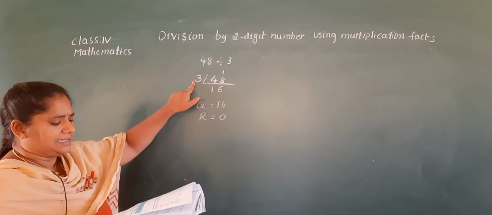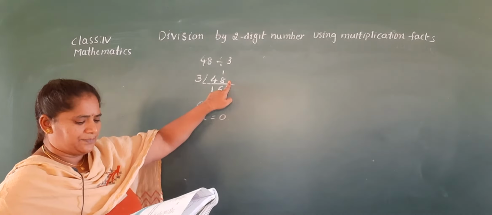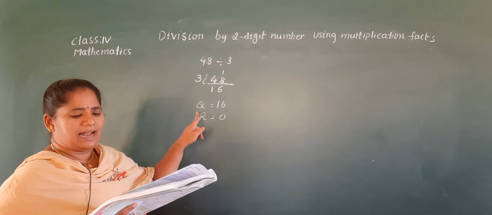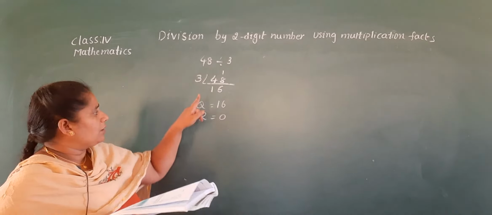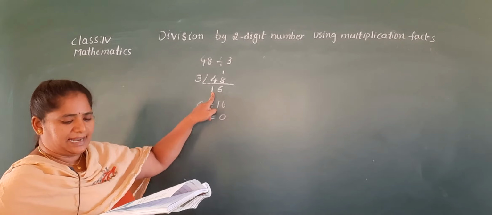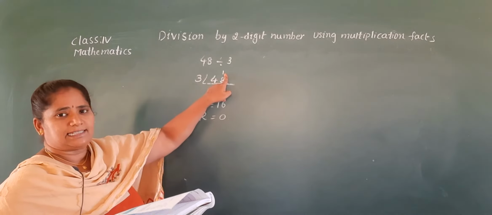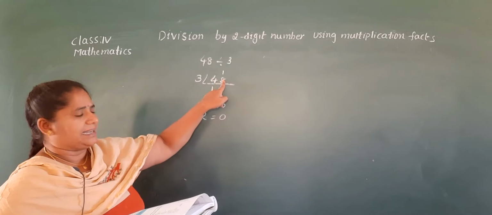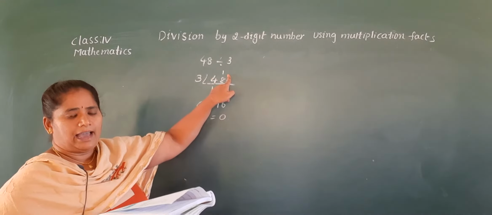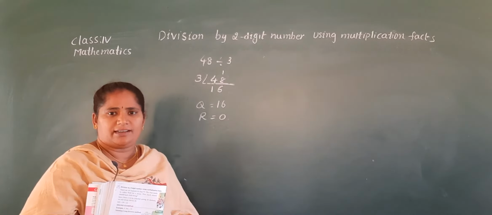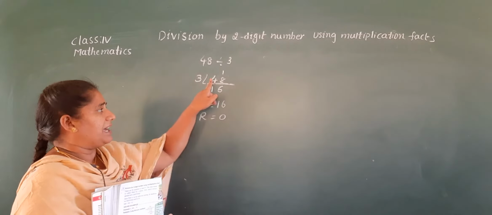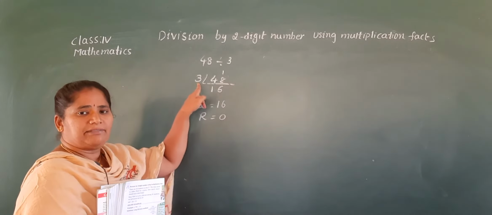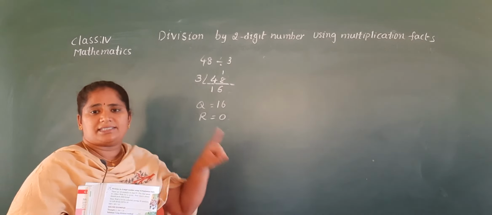You know that this is the divisor and this is the dividend. So first you write the first digit of the quotient above the first digit of the dividend, and R above the second digit. R means remainder. You write the remainder above the second digit. Is it clear to you, children? Very easy. First you arrange the numbers like this and divide by 3. 3 ones are 3.